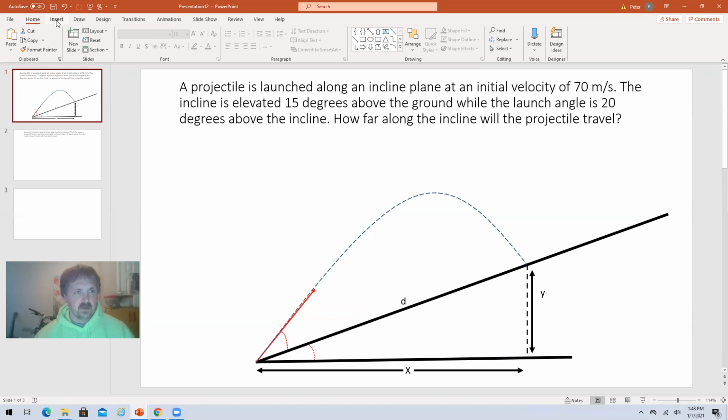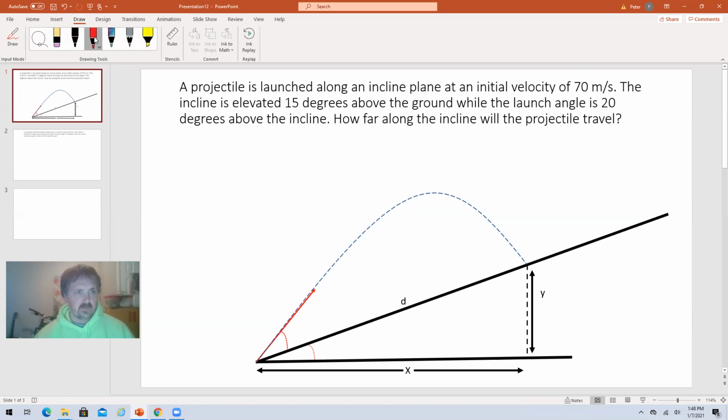Now, if we did know that displacement, let me get my draw tool. If you were launching from a platform of a known height to another platform of another known height, then you could simply use something like this: delta y equals v naught in the y times t, the time spent in the air, minus 1/2 g t squared.